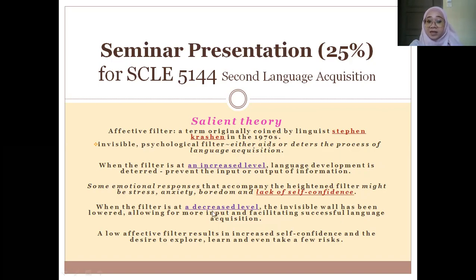When the filter is at a decreased level, the invisible wall has been lowered and thus allows for more input and facilitates successful language acquisition. A low affective filter results in increased self-confidence, the desire to explore, learn, and even take risks.